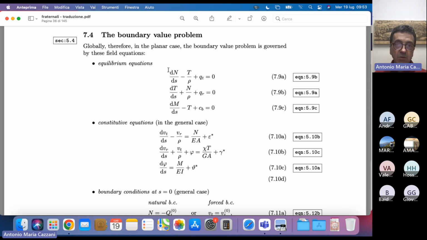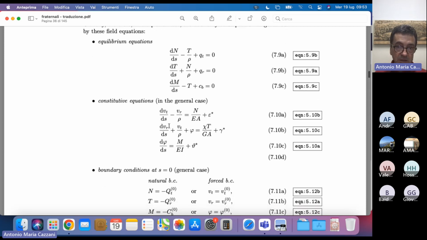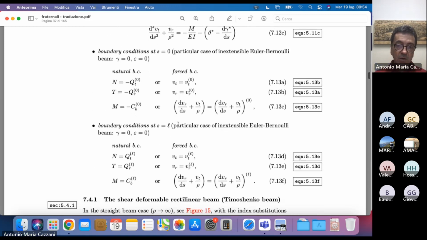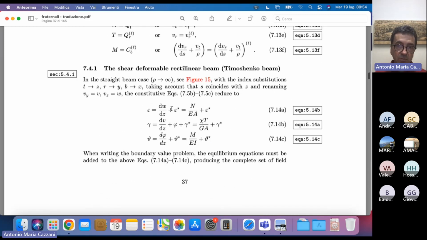So in the equilibrium equation, we will cancel this term and this term. The third equilibrium equation is the same. For the compatibility condition, what we see on the left-hand side here, the coupling term will disappear, so these terms cancel out as well as this one, and so we reach these compatibility conditions and correspondingly the constitutive equation.